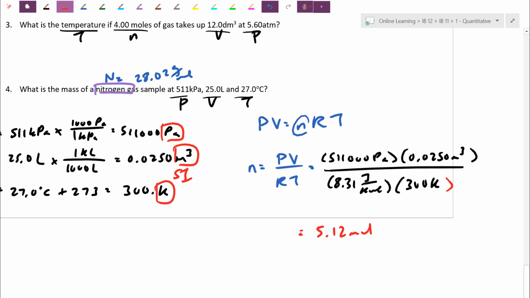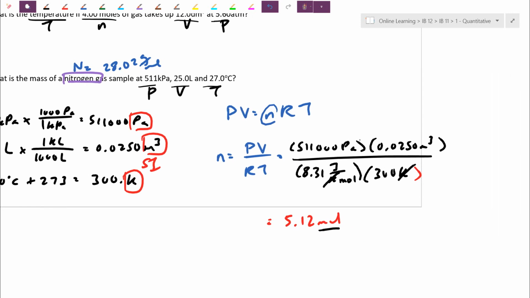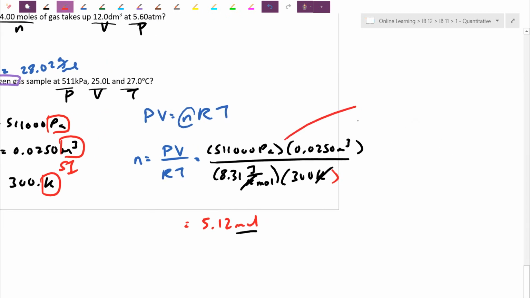I want to just show you the units canceling. So Kelvin cancels this Kelvin here. We are going to pick up a mole down here, so joule per Kelvin mole. So that's where we actually get moles up here. I want to demonstrate for you that Pascal times meter cube on top has to cancel out the joule, because we're just left with moles on the bottom.